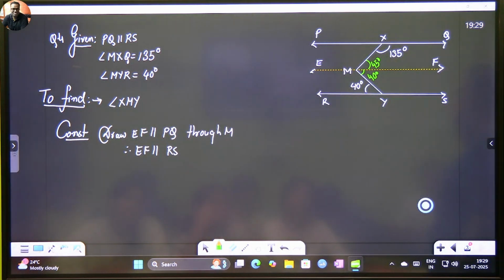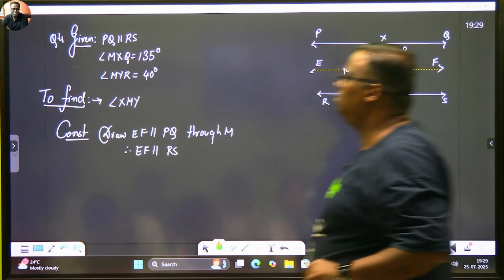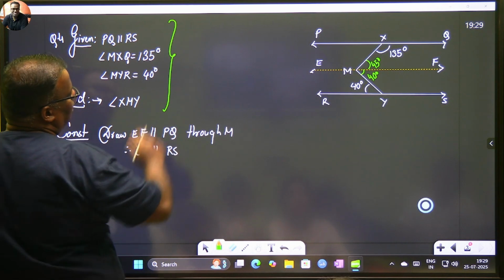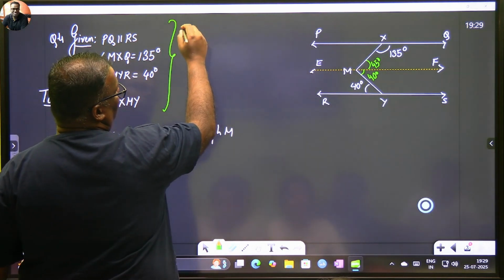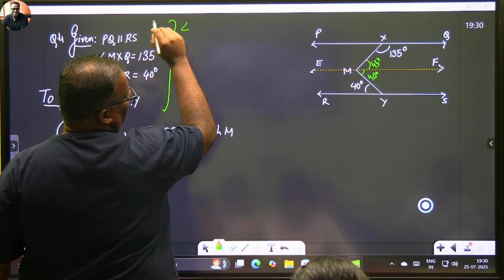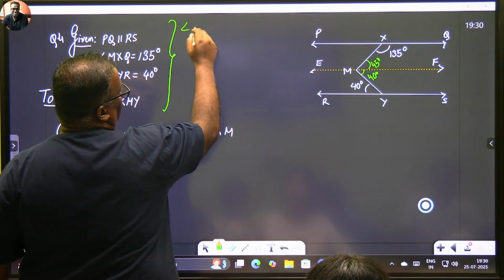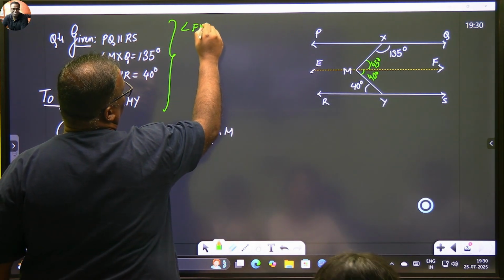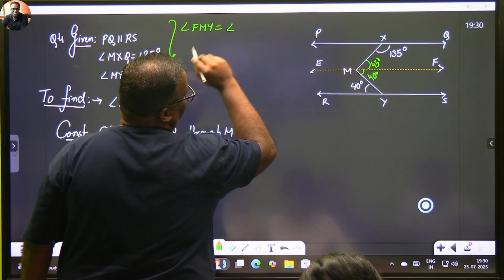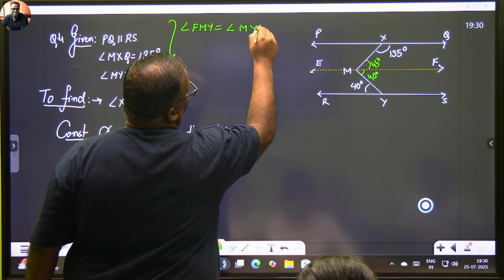Everyone, have you understood? Aditi, Harshit, Tekbir, ये logic समझ में आया कि नहीं? ठीक है? तो इस logic को हम लिखते हैं, मैं नीचे नहीं लिख रहा हूँ. So how do we write our findings? You will write it right below it. So we write that angle FMY should be equal to angle MYR.